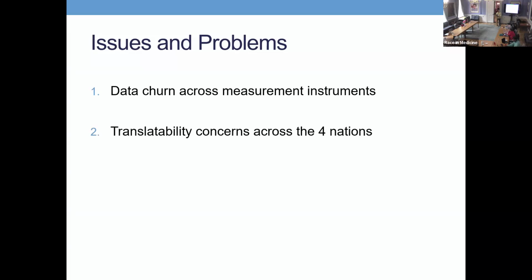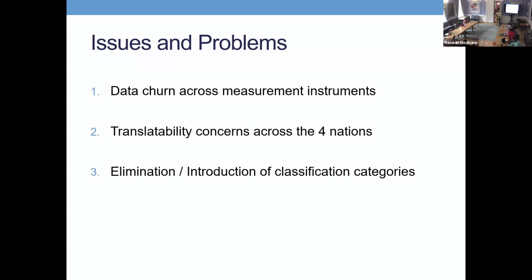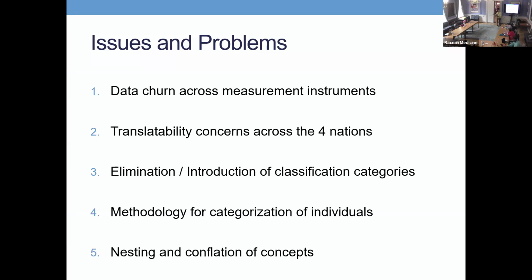The second is that there are translatability concerns across the four nations. The concern about elimination or introduction of classification categories. The methodology for classification of individuals themselves. And the last, which I think in a sense is the most important, is the nesting and conflation of concepts. There's going to be some issues regarding trying to translate what we've got in the UK into something that can be deployed in a consistent way with respect to biomedical practice. Okay.